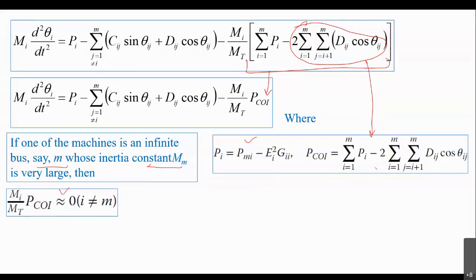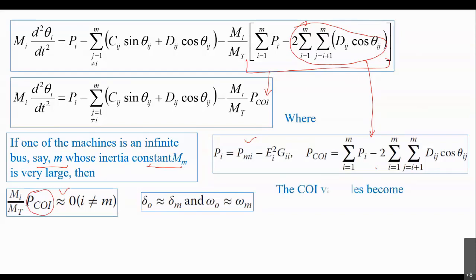When i will be equal to m, this term will not be 0. So now delta 0 equals delta m, and omega 0 will become omega m because it's a huge machine. So we are substituting delta 0 equal to delta m and omega 0 equal to omega m.